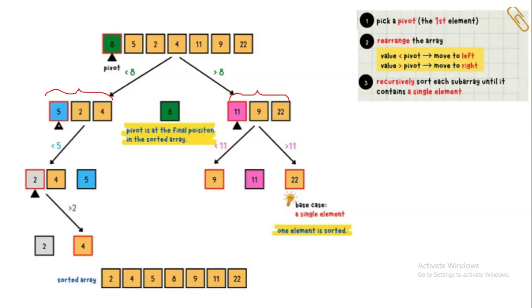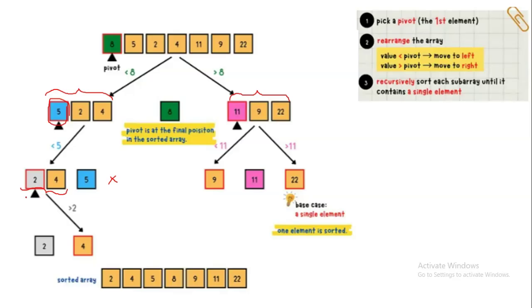Recursively, we apply the quicksort function again. We again pick the first element as the pivot element and then partition. The left side subarray will contain two elements and the right side is empty. Again we apply quicksort to this array as its size is greater than 1.